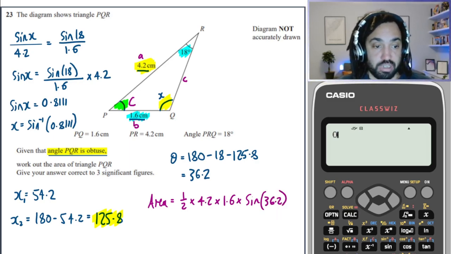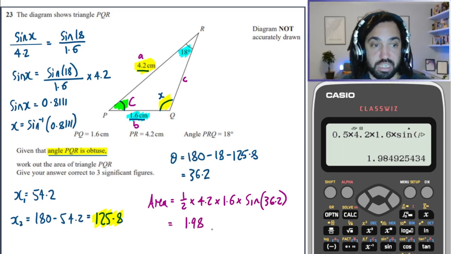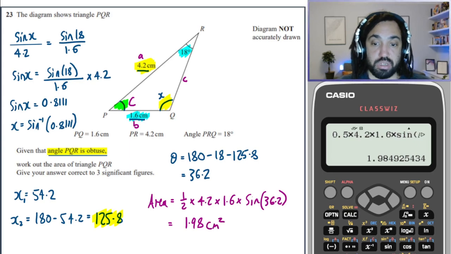So we could just do that on our calculator, 0.5 times 4.2 times 1.6 times sine of that previous answer, and we get an answer of 1.98, and that is to three significant figures, and that is centimeters squared.